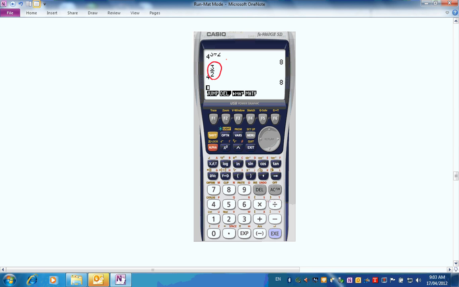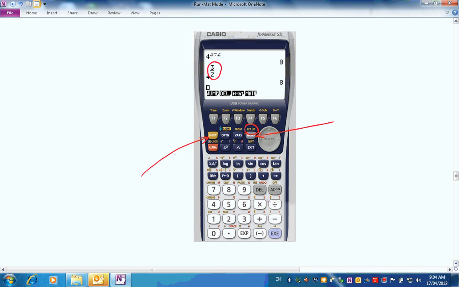Let's go back and see what linear mode will do for the same sort of things. So I'd like you to go back to setup by hitting shift followed by menu to go into setup, and choose F2 and hit execute. So we're now in the linear setup for run mode.